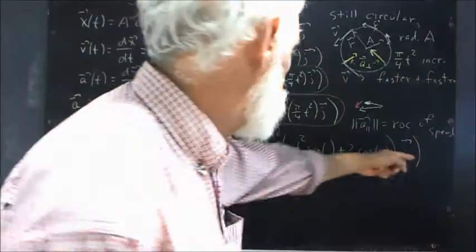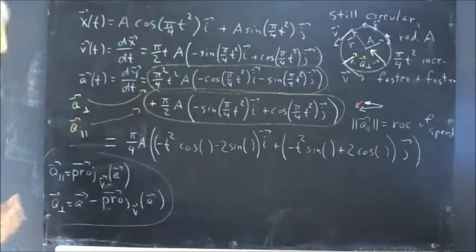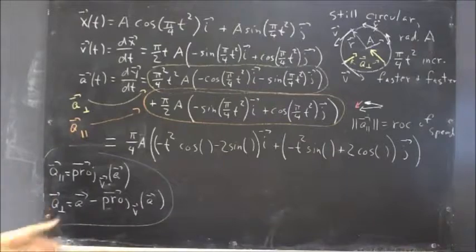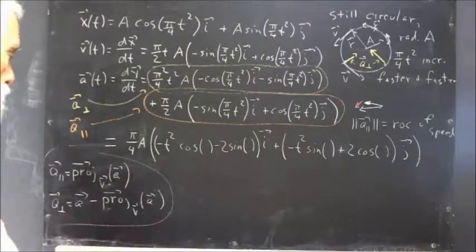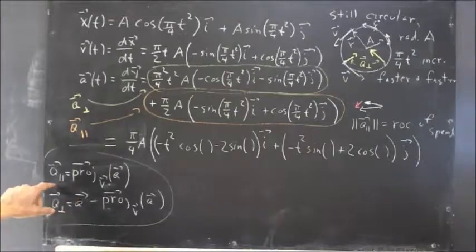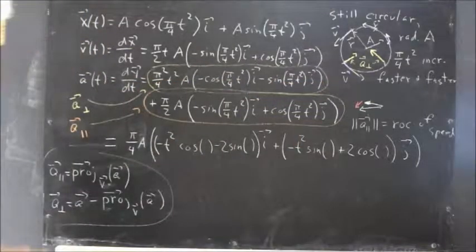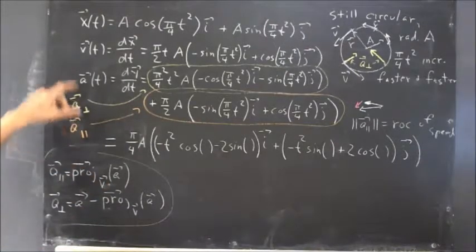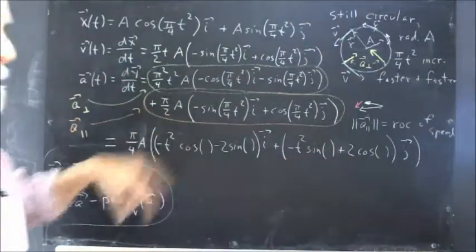You should dot this vector with the V vector, divide by the magnitude of V, and then multiply by the V vector divided by its own magnitude, and you get the A parallel vector, and you're going to get this. And then you subtract that vector from the A of t vector, from this whole vector here, and you're going to get this.